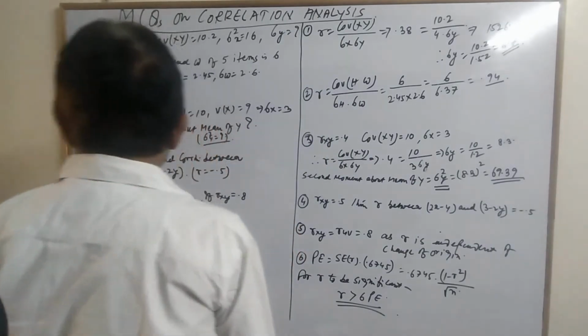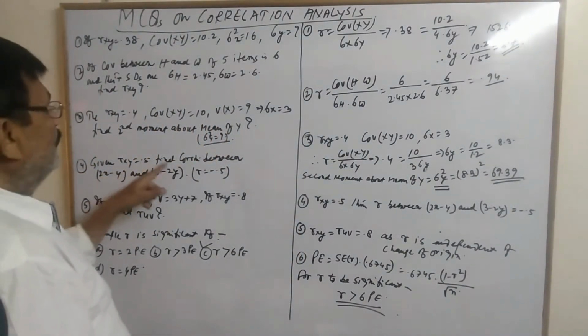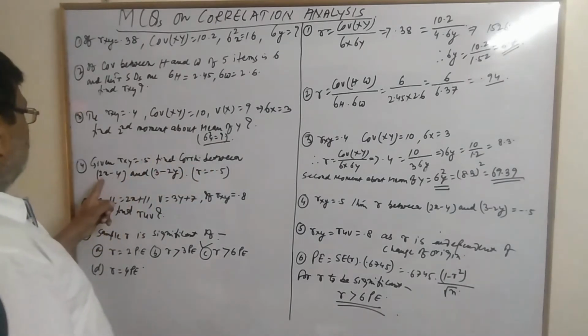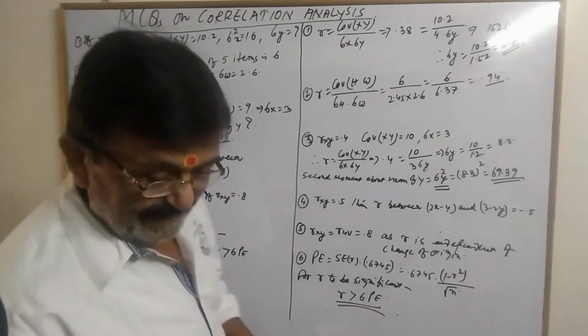Number 4: given Rxy is 0.5, find the correlation between 2x minus 4 and 3 minus 2y.